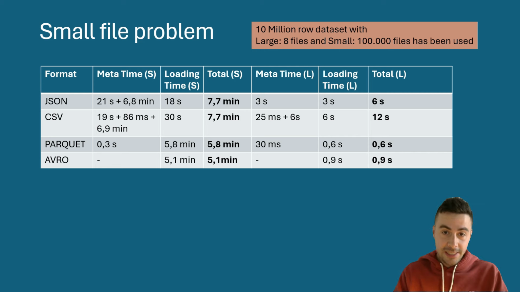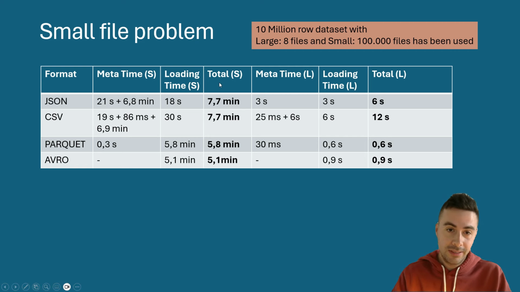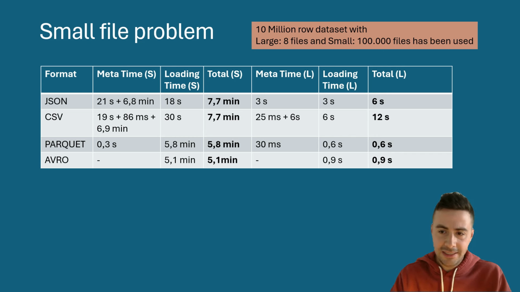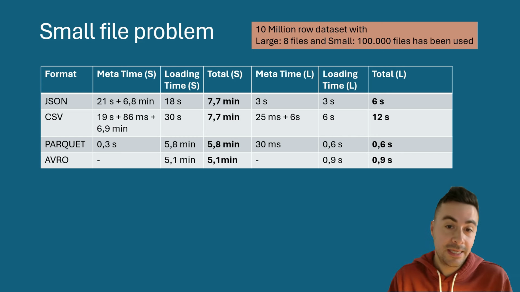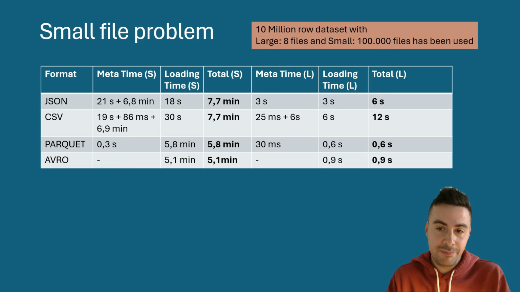And what we see here is the total execution time for a small file, but also for the large one. And we can see in all the cases, the loading time is significantly slower and takes longer if you have a lot of small files. So JSON, for instance, 7.7 minutes instead of 6 seconds. And what we also see is that the meta part becomes significantly bigger.